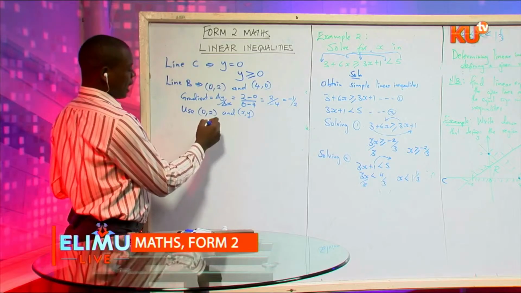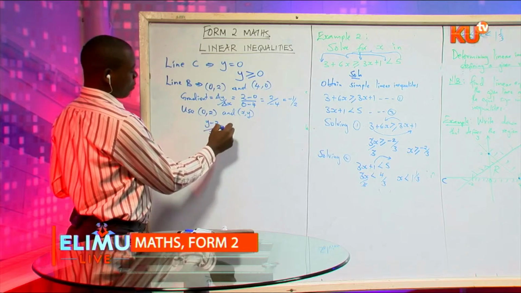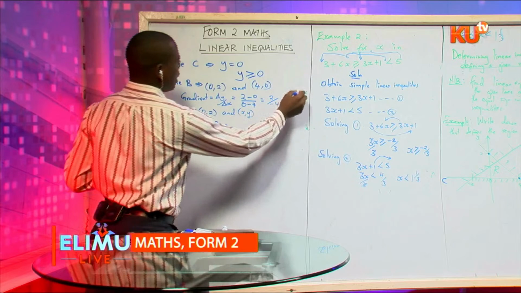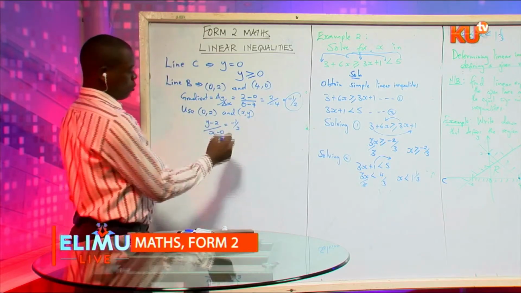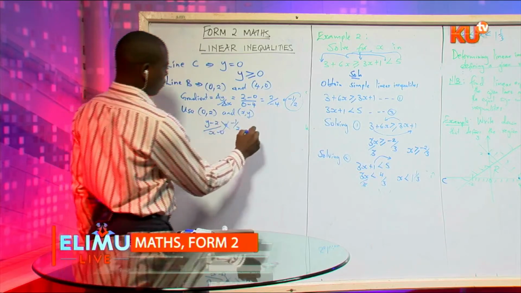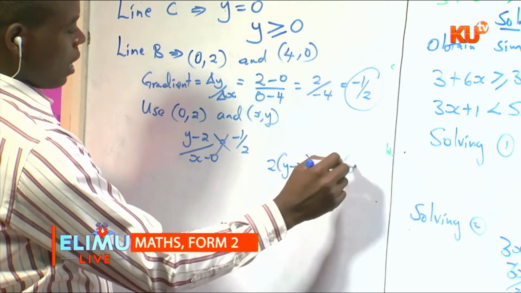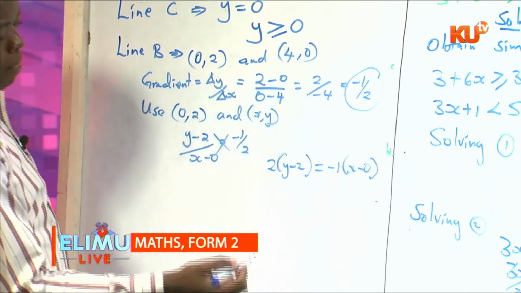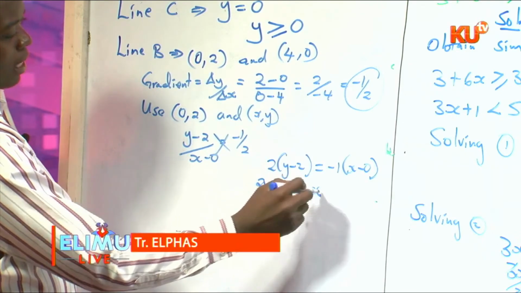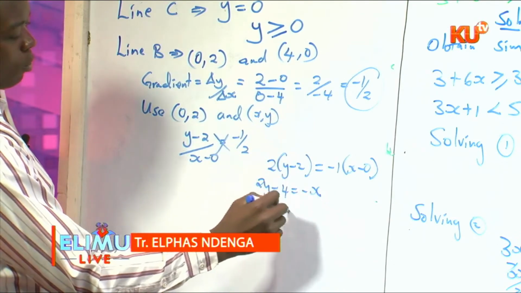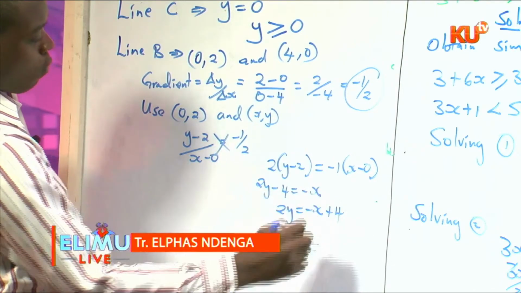With these 2, gradient again, y less 2 over x less 0. And that gradient is already determined as negative a half. Then you cross multiply. So you have 2 into y less 2 into negative 1 x less 0. So this gives you 2y less 4 is negative x, and collecting like terms gives you 2y is equals to negative x plus 4.